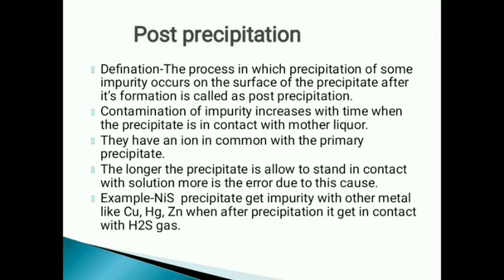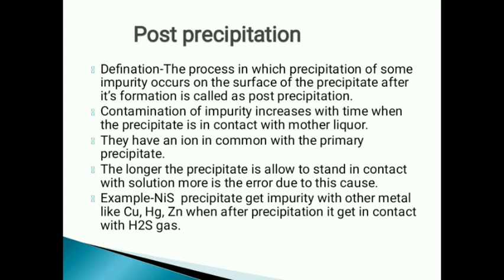The longer the precipitate is allowed to stand in contact with the solution, the more is the error due to this process. Means when our precipitate is generated in our mother liquor, it should be immediately removed from the mother liquor. If it is in contact with the mother liquor, it may cause post-precipitation with our original compound.